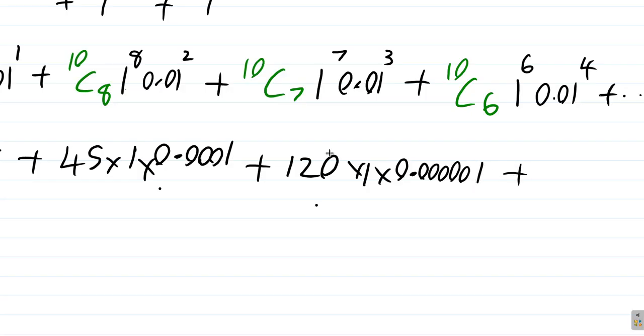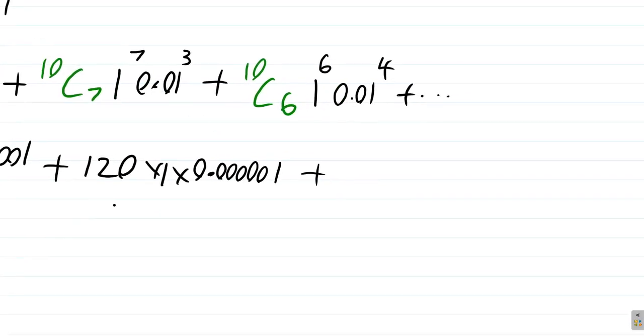Plus, just for the practice, let's go one more, 10C6, because we might not need to go so many steps in it. 10 shift NCR 6 equal 210. 210 times 1 to the 6 is 1 times 0.01 to the 4. Let's leave it as 0.01 to the 4. Plus, and it goes on.